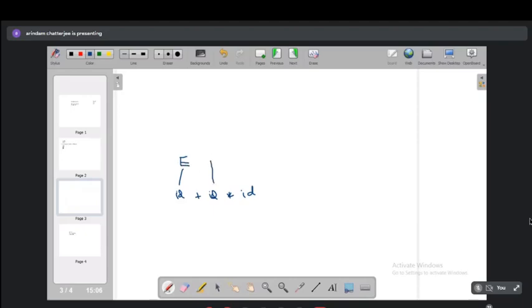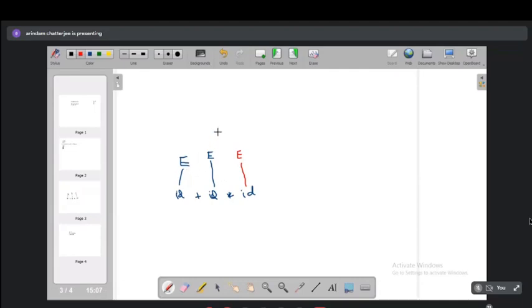Then you chose this one. I should choose a different color. Then you chose this one. So your sentential form now looks like E plus E star E.